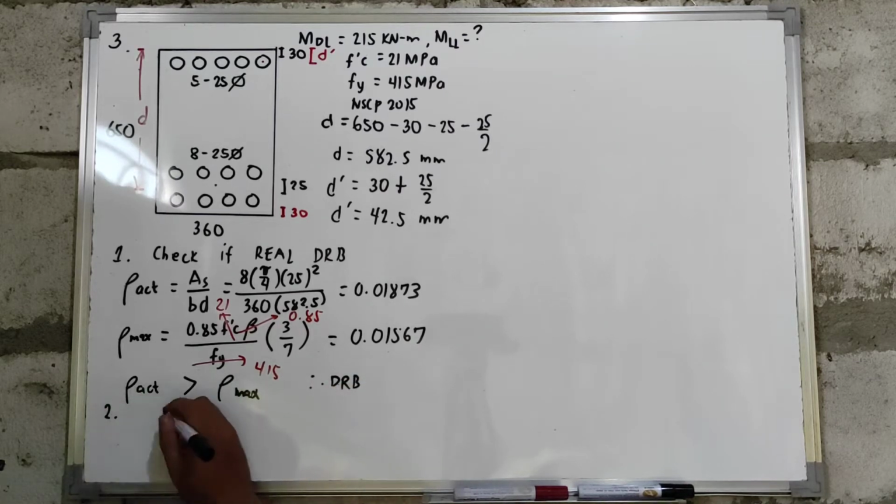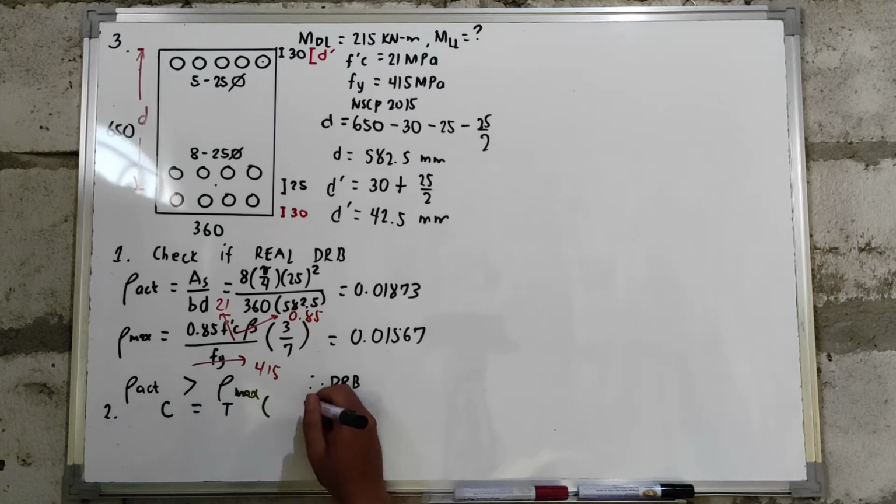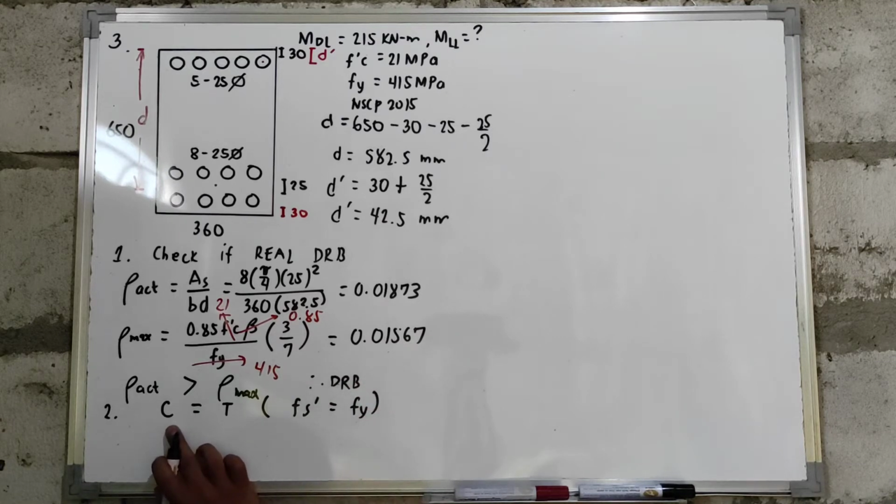Then, for the next procedure, we will use yung compression equals to tension. We're going to assume that compression steel will still yield, so that is Fs prime is equals to Fy. So, ano yung mga tumutulong sa compression natin?